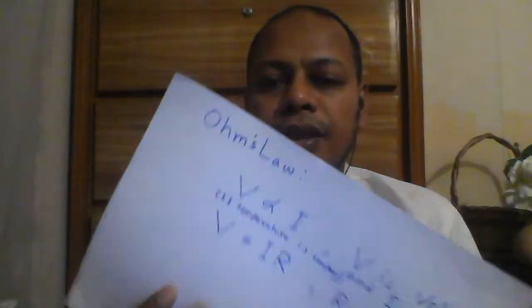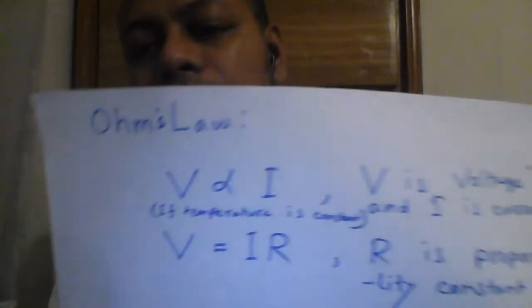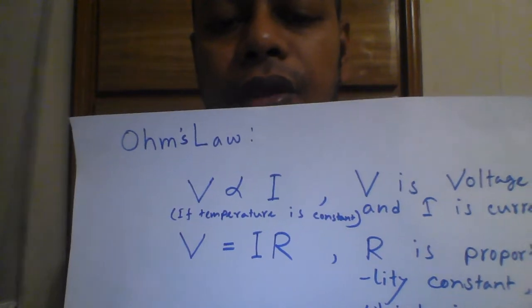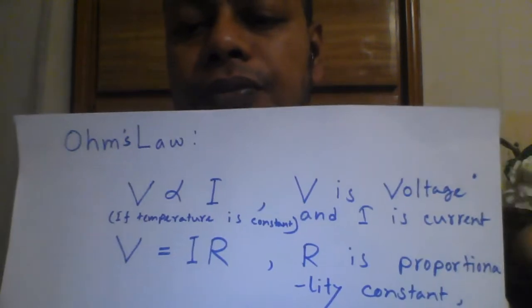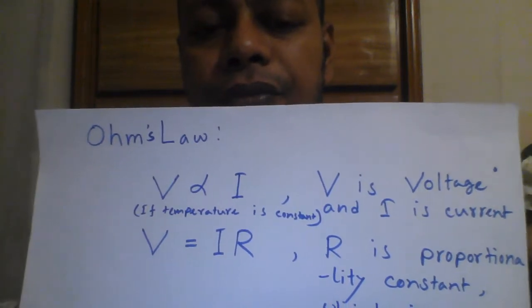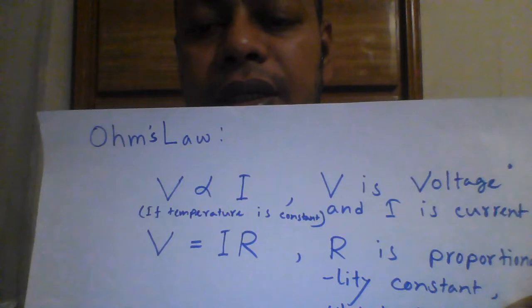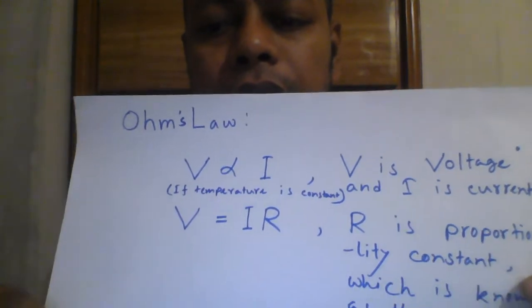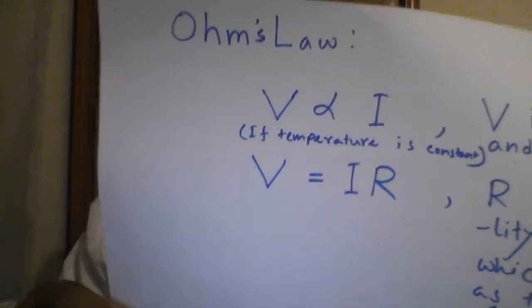Look, the first line here I am showing you here, Ohm's law. V is directly proportional to I. V is here voltage and I is current.